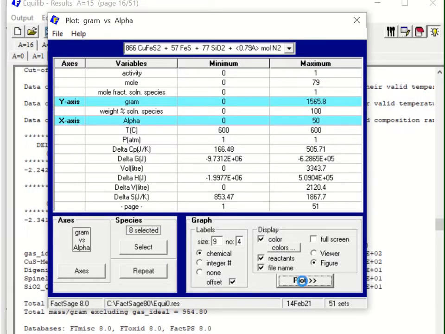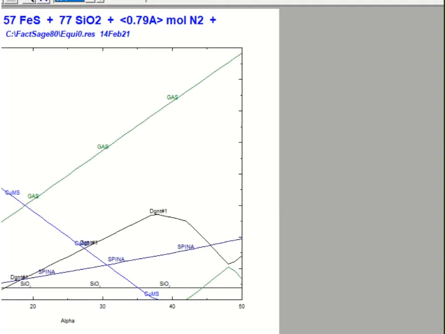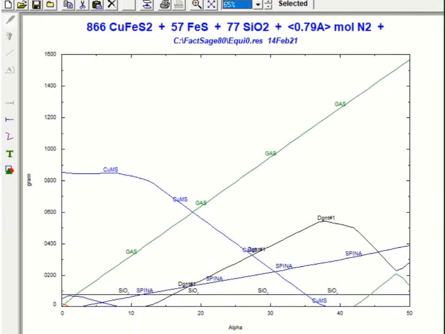And now if I plot, then you can see the result like this. So this is the amount of alpha, the air amount in mole, and this is gram of the different species. So you see there's MS, a Cu2S kind of phase, and then there's the gas phase, and there's this one.